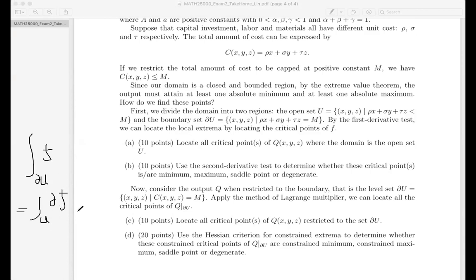This is called the, I forgot the name of the theorem. Oh, Stokes theorem. All right, Stokes theorem.